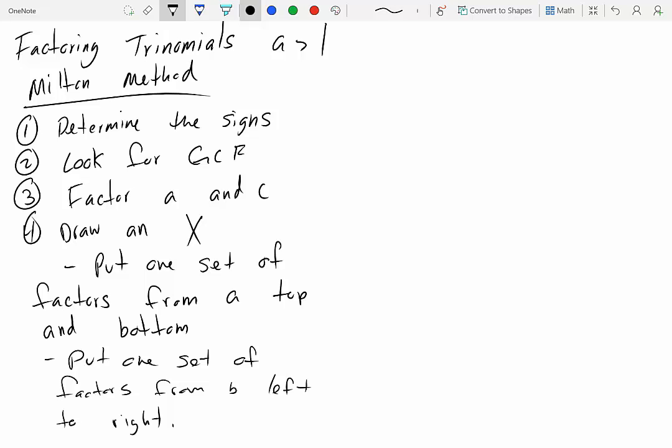Our fifth step, we're going to pick a way and multiply.